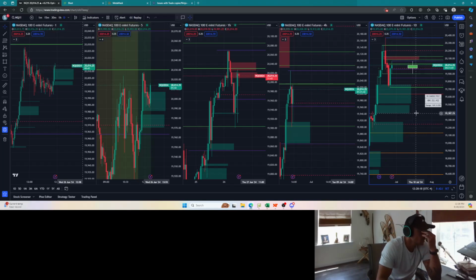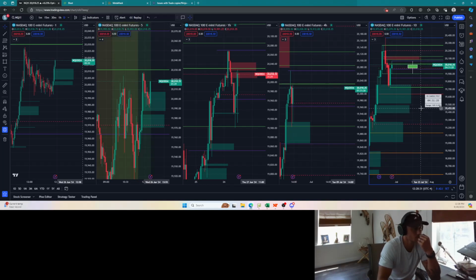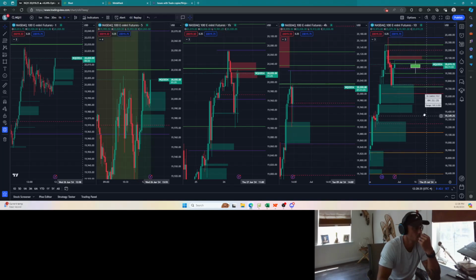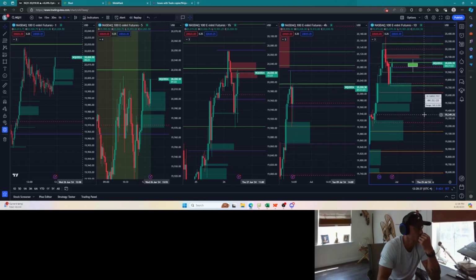On Sunday, I decided that last week was a shooting star. I thought maybe Monday or Tuesday we would create the high of the week and it might be a red week. That forms a bias for me, but I'm careful with a bias because I don't want to take trades only with my bias, not realizing I'm wrong and losing a bunch of money.